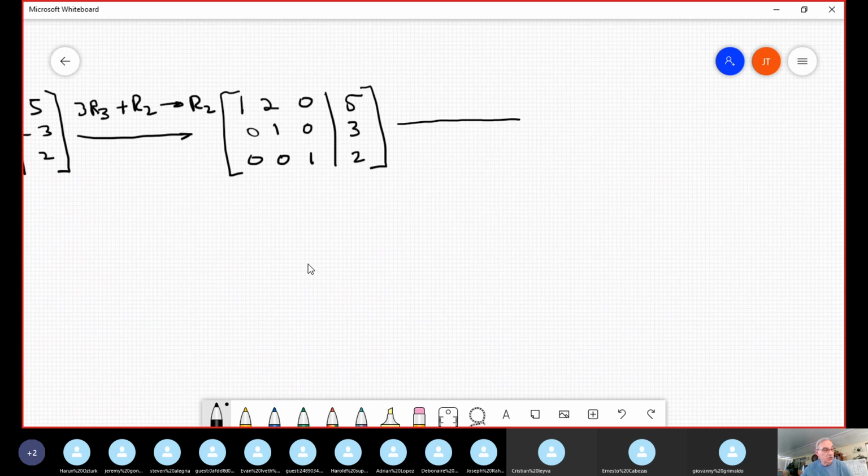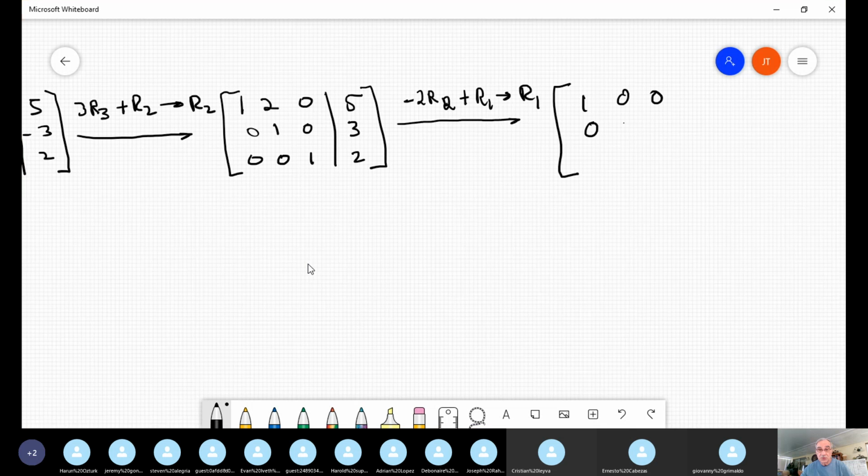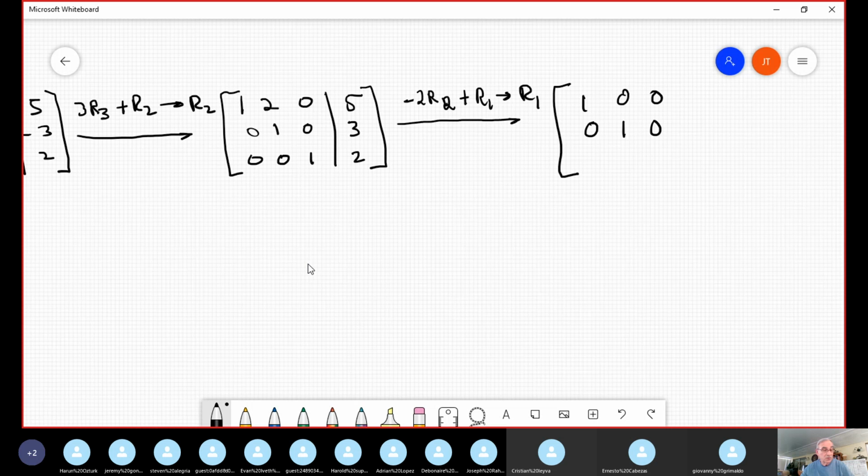So the last row operation is minus 2 times row 2, because we're using that pivot, row 2, plus row 1, stored in row 1. And the answer is 1, 0, 0, 0, 1, 0, 0, 0, 1. In the right-hand side, we have minus 1, 3, and 2.